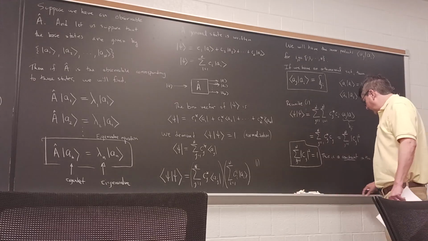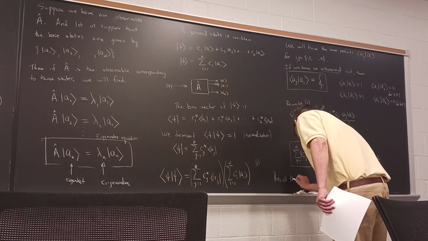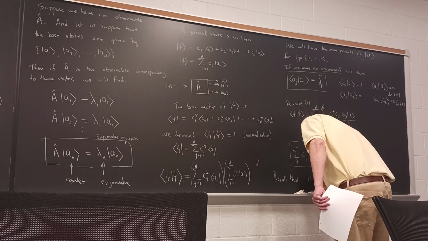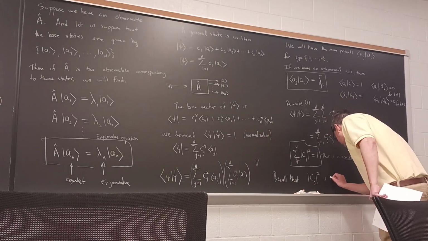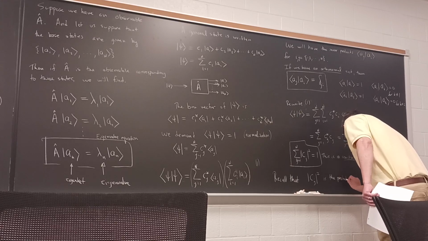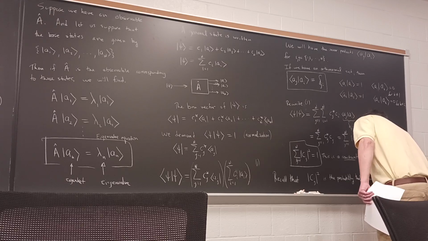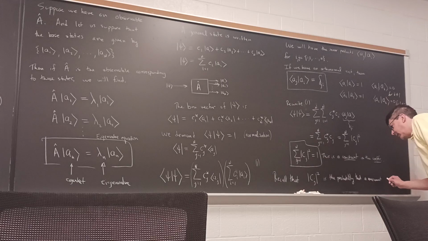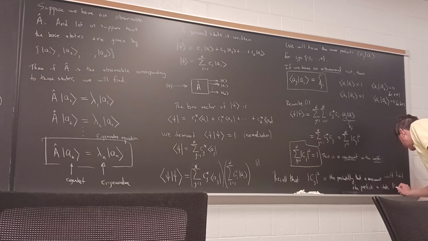Okay, and while I'm here, recall that the magnitude of any particular Cj squared is the probability that a measurement would yield, or would find, the particle in state J, AJ.